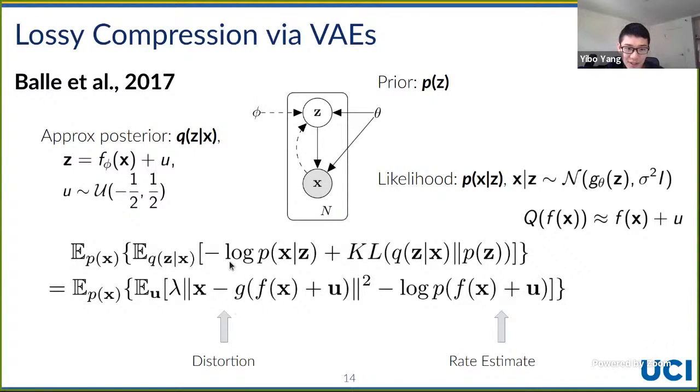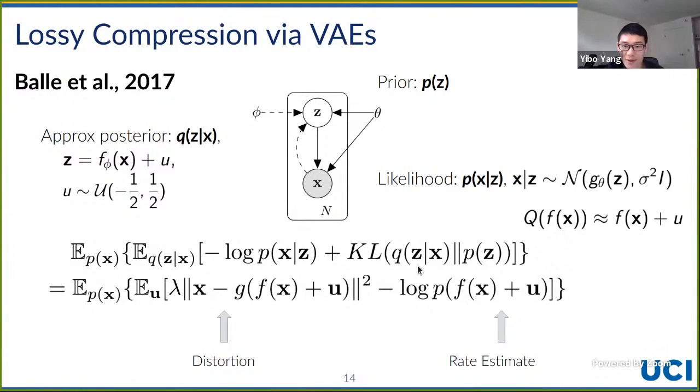How this works is based on the reparameterization trick, where instead of sampling from the posterior of Z given X, you're sampling from this noise variable U, and you're rewriting the distribution of Q of Z given X in this form I just showed here, such that for the likelihood term, you'll end up with something that looks like a distortion.